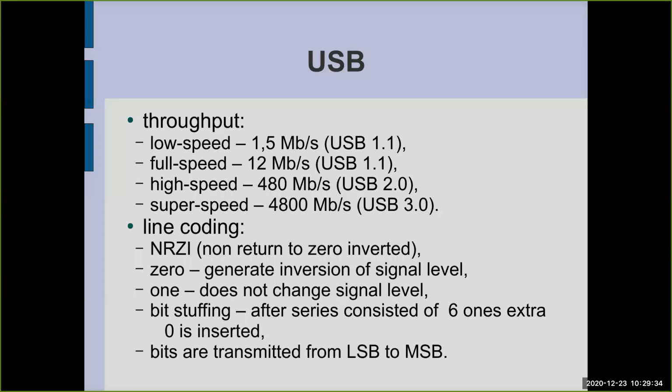Okay, so what is the difference between USB versions? I don't have the value for USB 3.1, but the most visible difference between them is the throughput. In USB 2.0, it's about 480 megabits per second, while for USB 3.0, it's 10 times more.